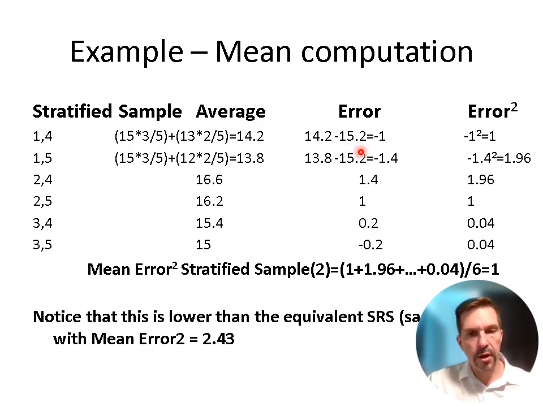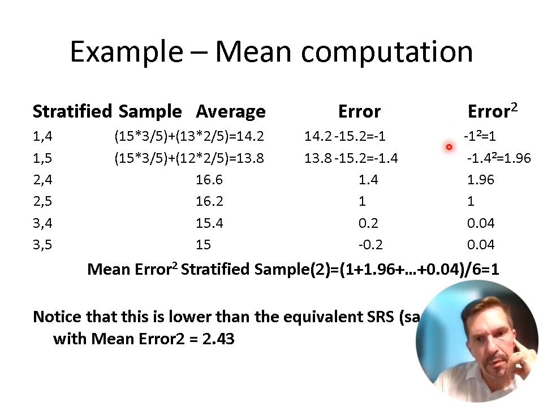We know that when we collect data on all 5 stores, we get 15.2. And like we've done before, after we compute the error, what we're going to do is square the errors, just because sometimes they are negative and positive. And when we add them all up and average them, we get a mean error of the stratified sample of size 2 that is 1.